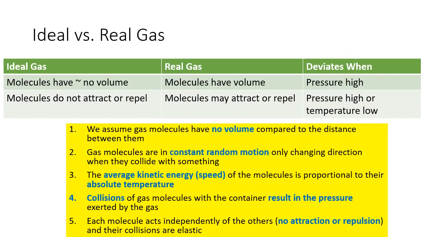Ideal gases follow the postulates of kinetic molecular theory. A real gas will deviate on certain postulates. Generally, at room temperature and pressure, a gas will behave ideally. If we keep volume constant and pressure increases, the volume of the gas molecules relative to empty space decreases.